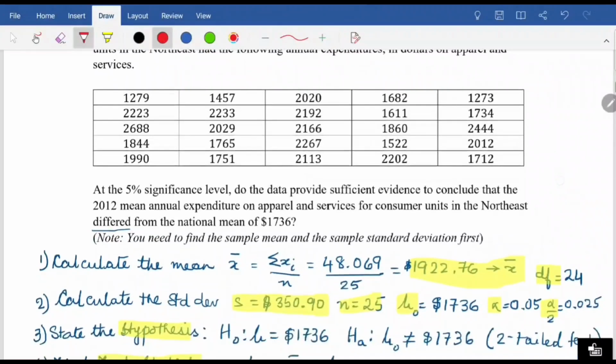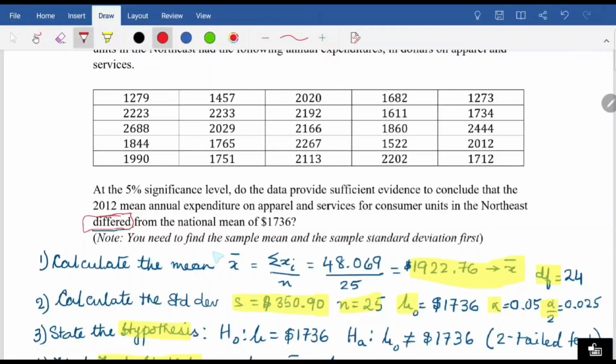The question is, we have to perform a hypothesis test to show whether the data provides sufficient evidence to conclude that the mean annual expenditure on apparel and services differed from the national mean. All right, so this is a key word here which we are going to use to state our alternate hypothesis.